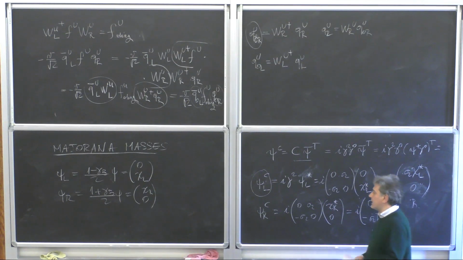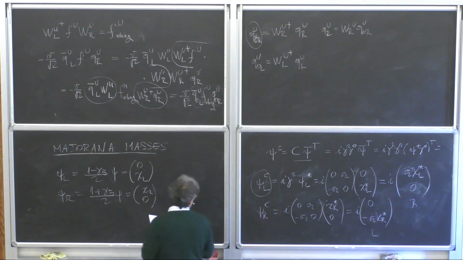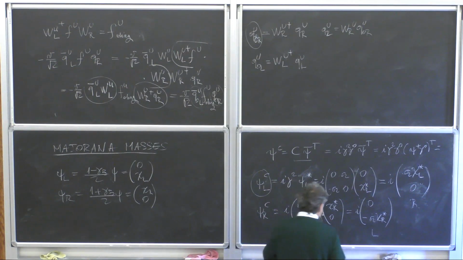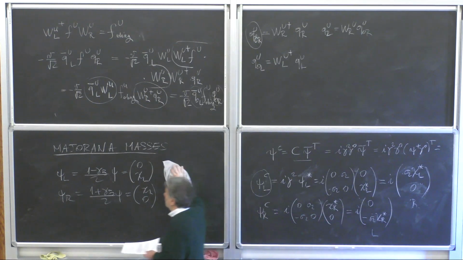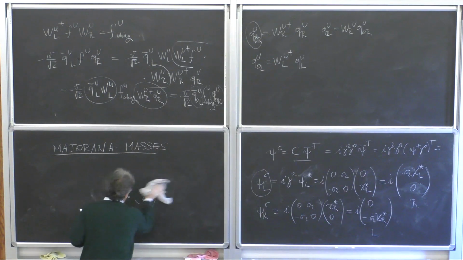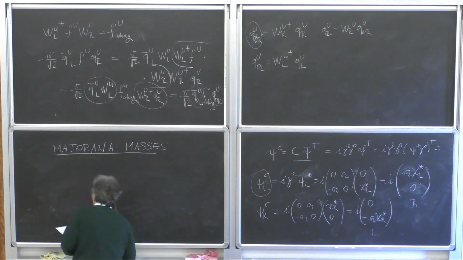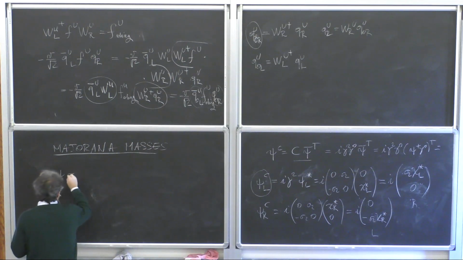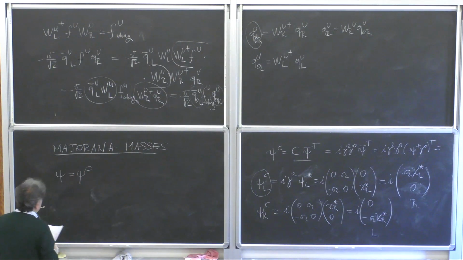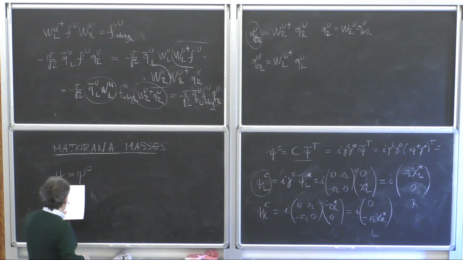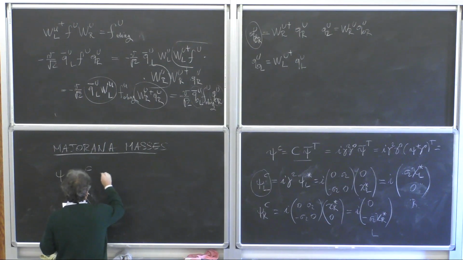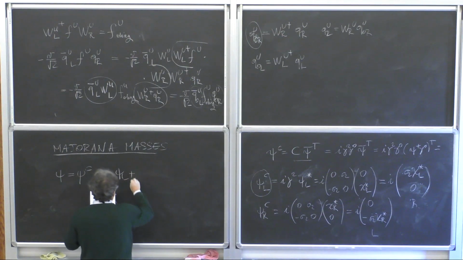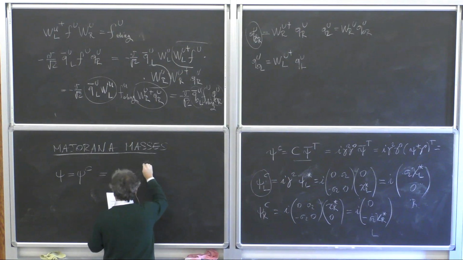Now, if we hypothesize that the neutrino is a Majorana particle, it must be its own antiparticle. It is clear, from what we have said, that it should be of this kind.